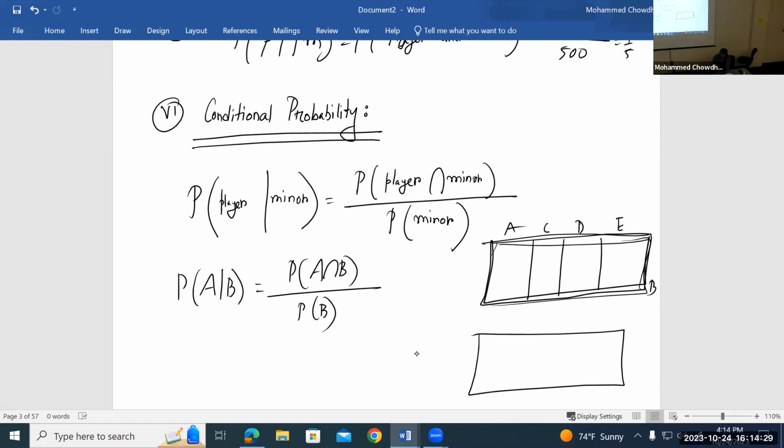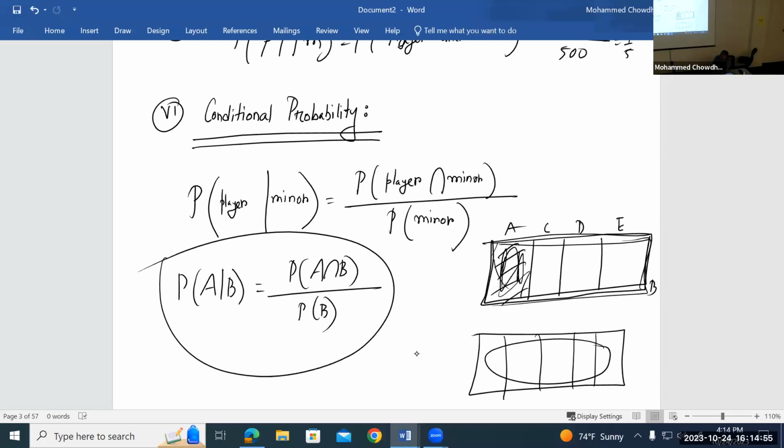In terms of Bayesian thing, I can put it this way, but that will be a little hard for you. But just remember these things. B already happened, B already given. How can you compute that? This is my entire B, and what is the chance that only this part will happen, only A will happen. So that is the way it is written.